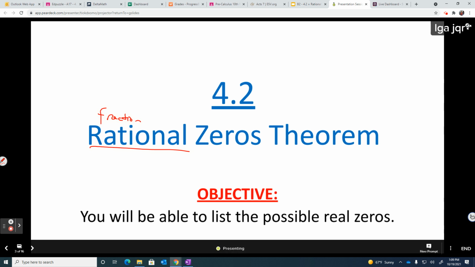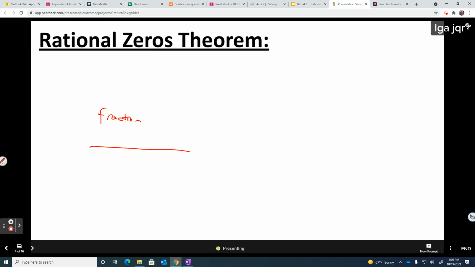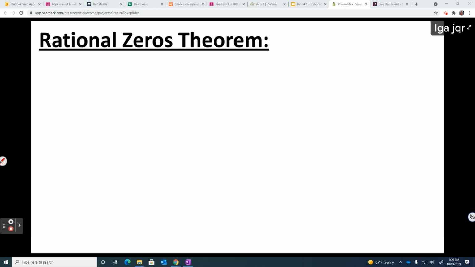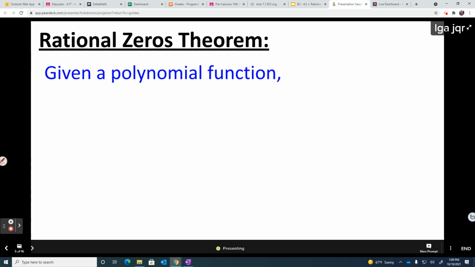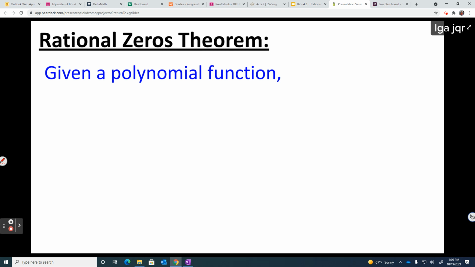So rational zeros theorem. There we go. This one I promise is actually easier. All right, so the rational zeros theorem says this. Not named after anybody in particular, but still equally as important probably. So if we have a polynomial function, it only works for polynomials.